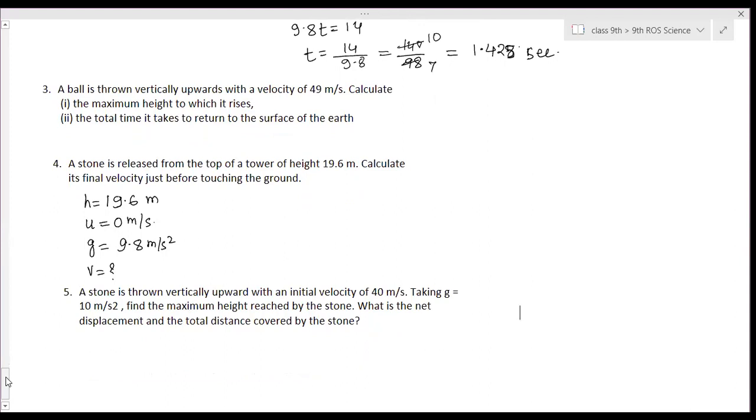Taking g is equal to 10, find the maximum height reached by the stone and what is the net displacement and total distance covered. It is also easy. Displacement is supposed to be 0, right? Yeah.